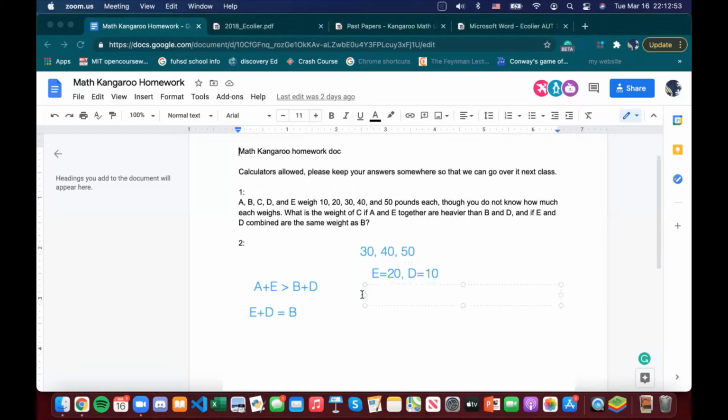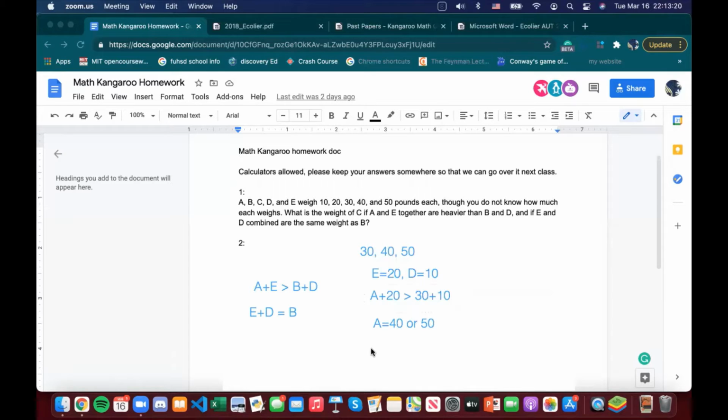With that, we have A plus 20 is greater than 30 plus 10. And we have two choices for A: A is equal to 40, or 50.